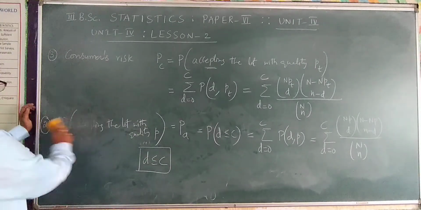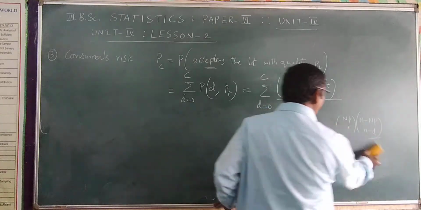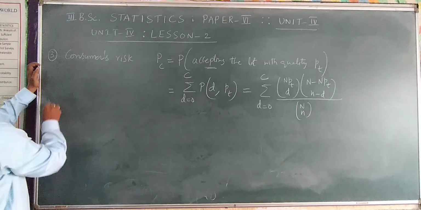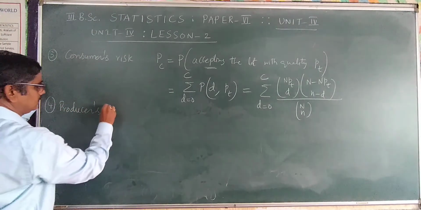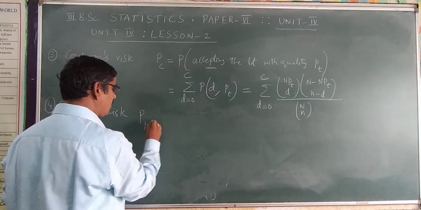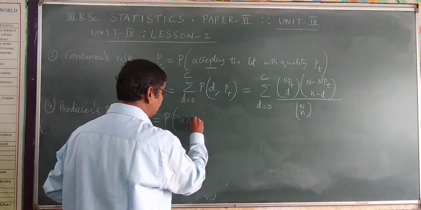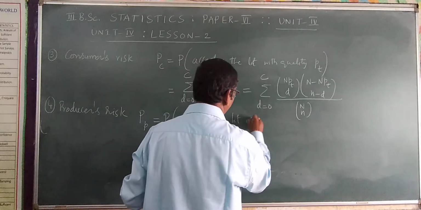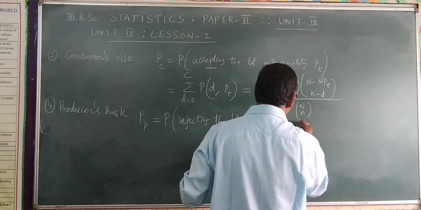Now one more probability. Producer's risk. How do you calculate producer's risk? Fourth one. Producer's risk is going to be calculated by PP, which is the probability of rejecting the lot with quality P bar.